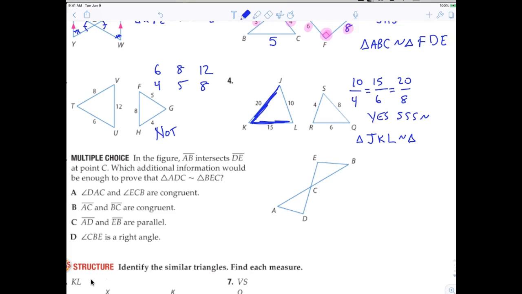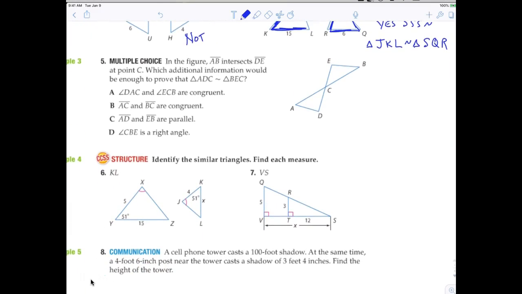So yes, large, medium, small: S, Q, R. Now look, it is considered wrong if you do SRQ. Does everybody agree with that? All right, so that's why it's important to understand how to label them and how to see what letter corresponds to the other letter. Very important. Anybody have any questions with that so far?